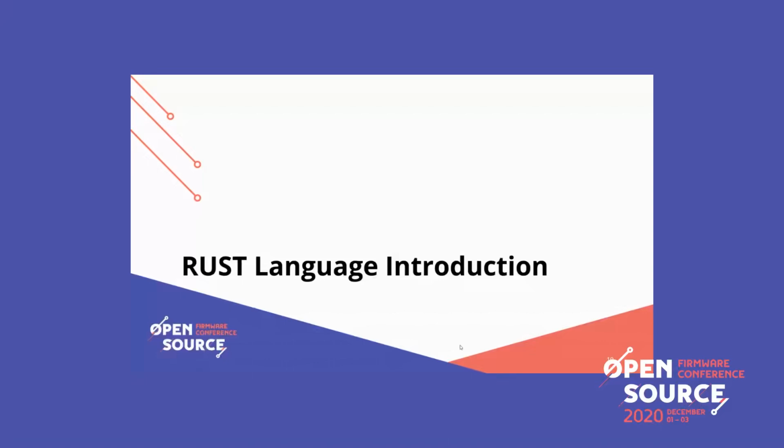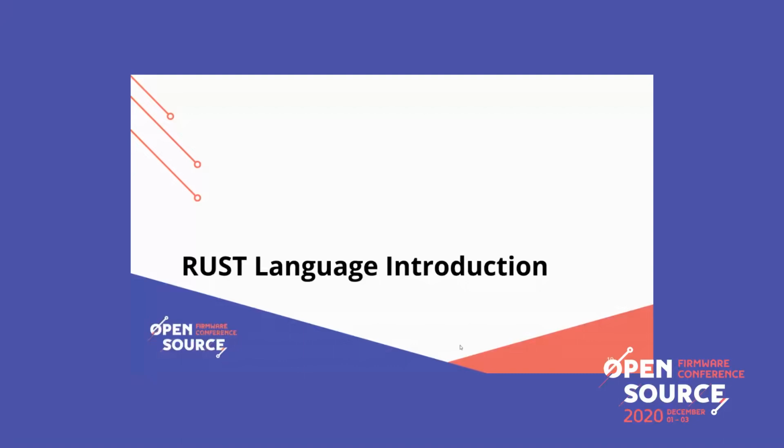A system programming language is used to write operating systems and device drivers. The C language is the most popular one. However, C is also notorious for memory safety. For a long time, it has been hard to write secure code with C. For example, we have known about buffer overflow for more than 30 years, since the Morris worm, but today we still see buffer overflow issues in firmware.